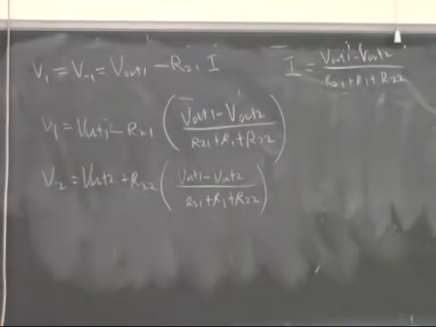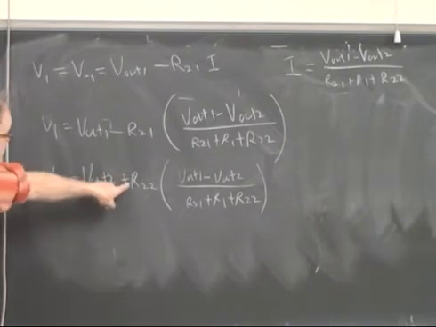Conservation of current says the current through this resistor has to be the same as the current through this resistor because no current flows into either one of these inputs. So, if current is flowing in this direction, this voltage must be higher than this one. So we add.